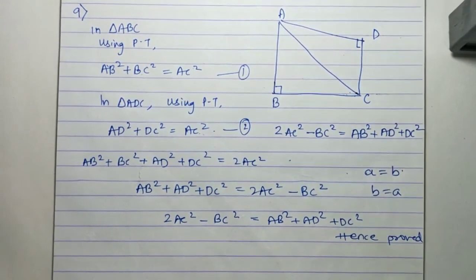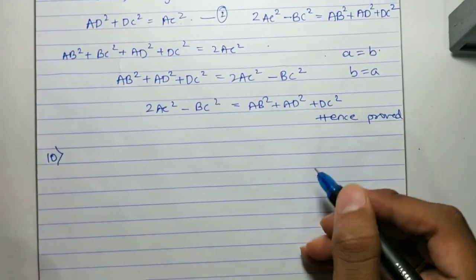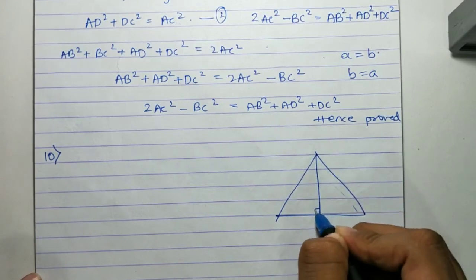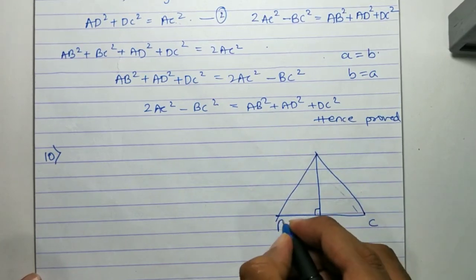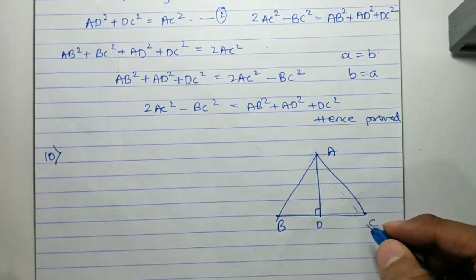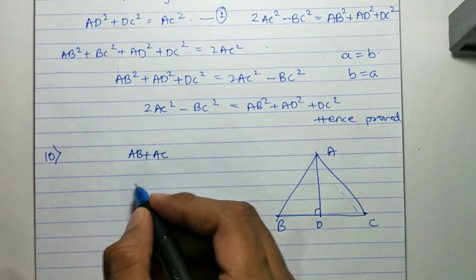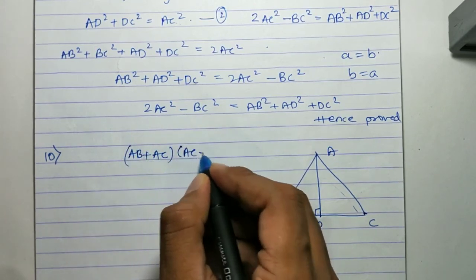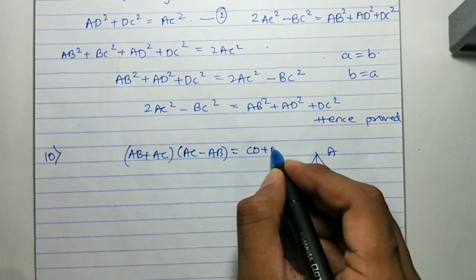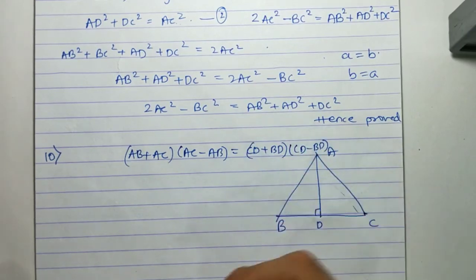Next, pause the video and copy the sum. Now in this sum, what I have to prove is (AB plus AC) into (AC minus AB) equals (CD plus BD)(CD minus BD).